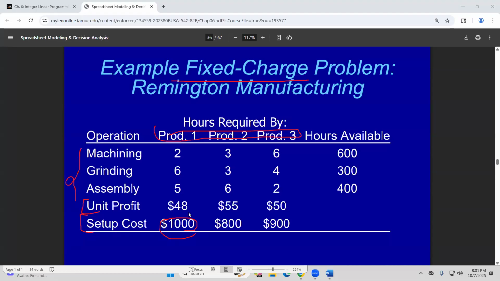Okay. So the goal is you want to minimize the cost or maximize the profit. Either way is the same, right? So you either have a profit minus cost, or you can say I want to minimize the cost, and both are exactly the same.